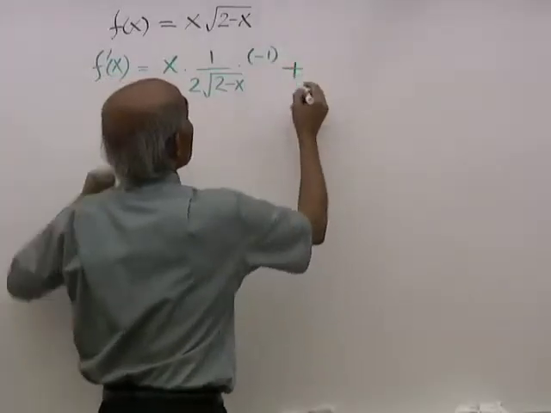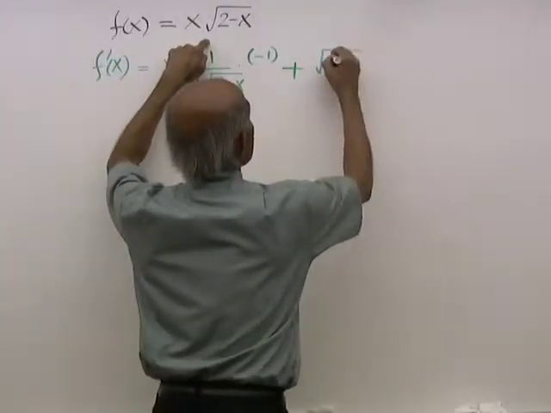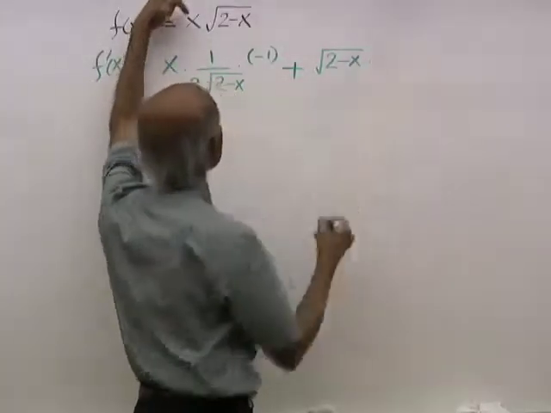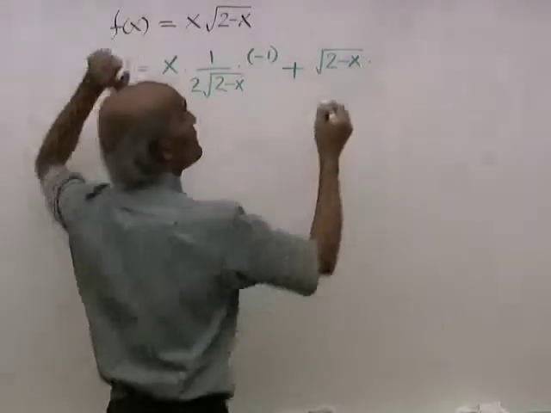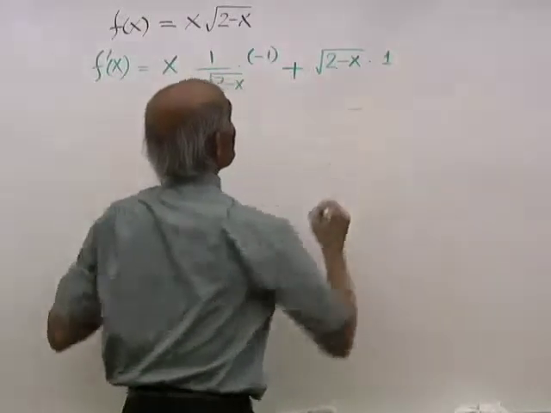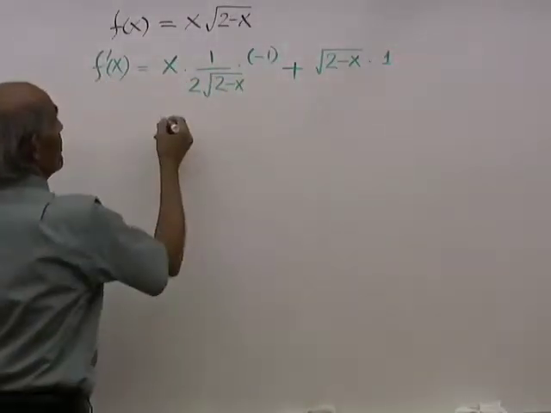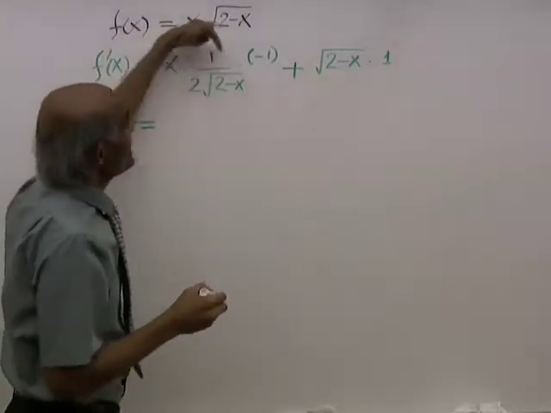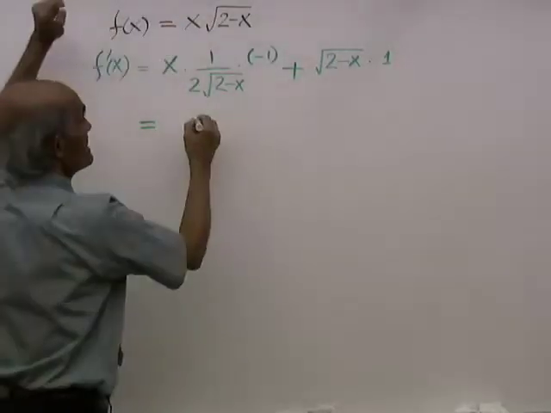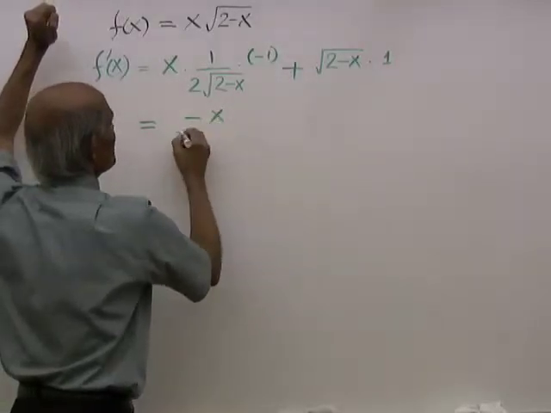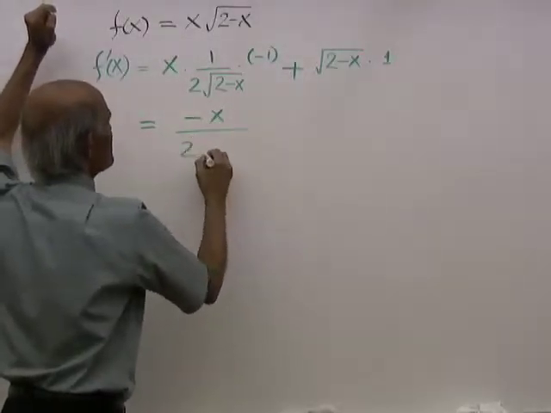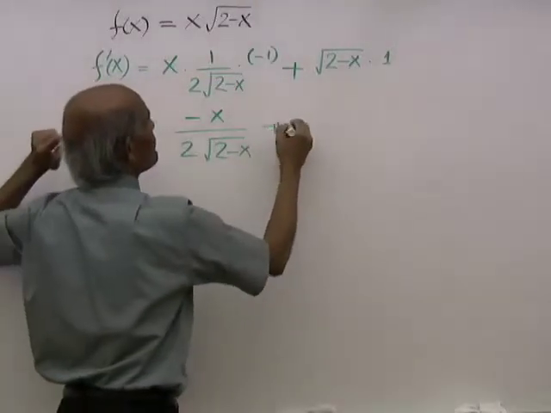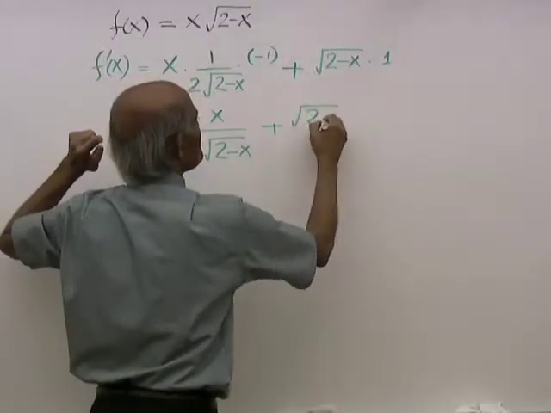Plus the second function square root 2 minus x times the derivative of the first. The derivative of x with respect to x is 1. Well, let's rewrite that. That will make the numerator here negative x, is that right? That will be negative x over 2 square root 2 minus x plus square root 2 minus x.